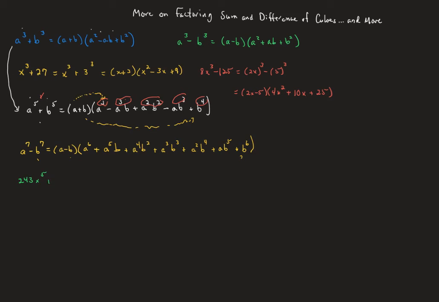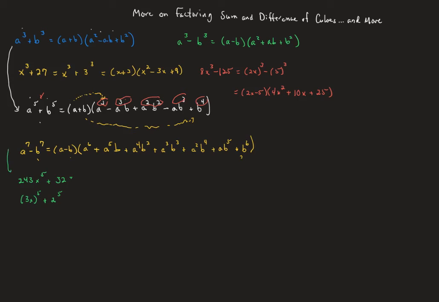And I'm going to go plus 2 to the fifth, which is 32, so I'm going to call that 32. I'm going to leave myself some space here. So we're thinking of this as (3x) to the fifth plus 2 to the fifth. Those are our odd powers of 5.